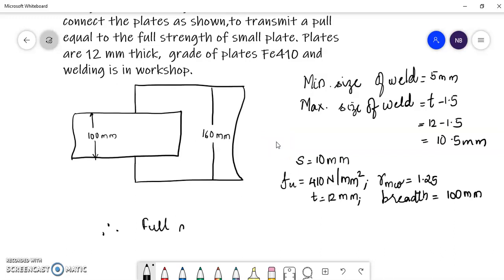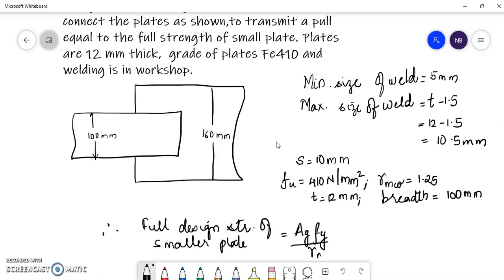So the full design strength of the smaller plate is given by Ag Fy upon gamma M0. Fy is the yield strength, which is 250 Newton per mm square, and gamma M0 in this case is 1.1.